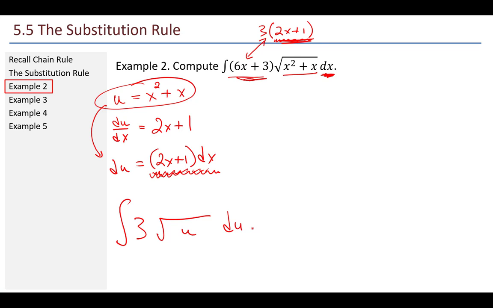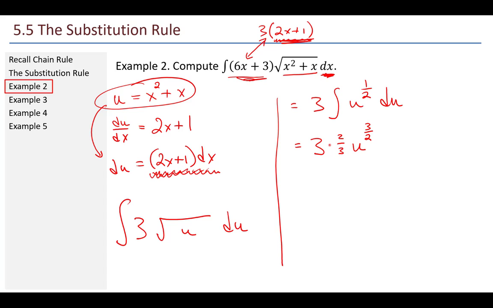I get a du. So let's anti-differentiate that guy. So 3, well, let's see here. 3 can come out before I anti-differentiate. Let me just write this as u to the 1/2 du. Now I can anti-differentiate. And see, I need to raise the exponent by 1. So that's 3/2. And then multiply in front by the reciprocal of that new exponent.